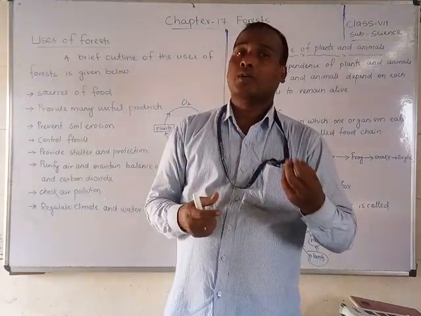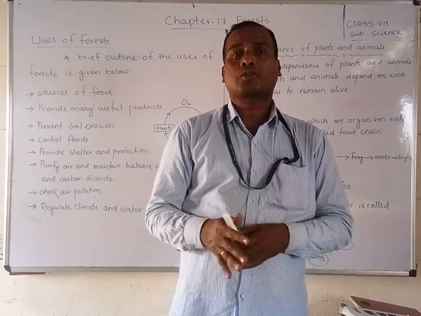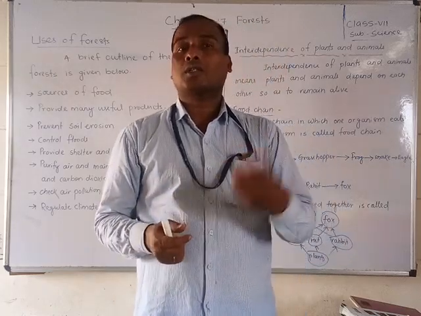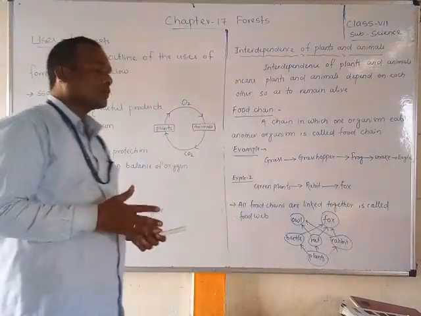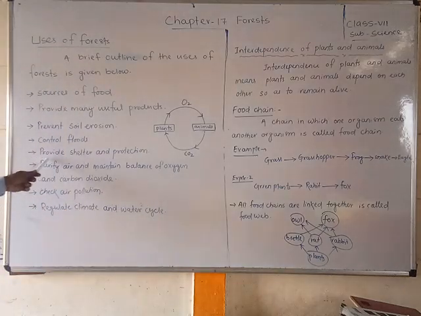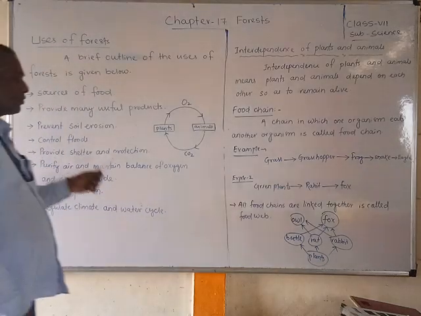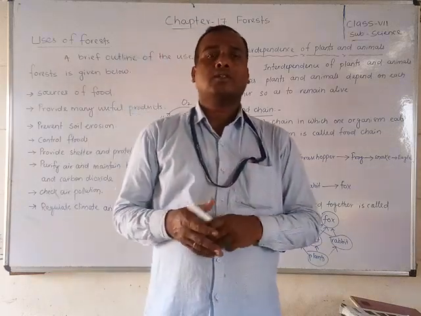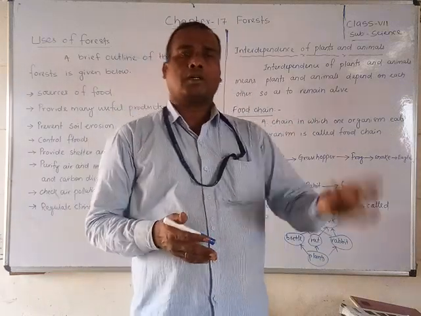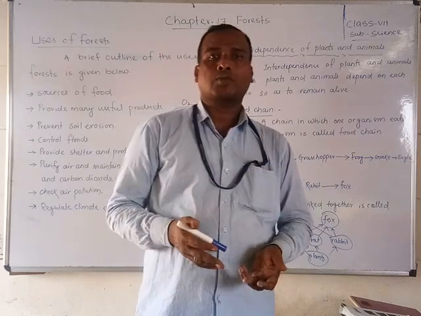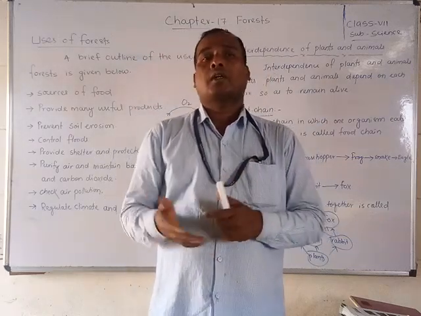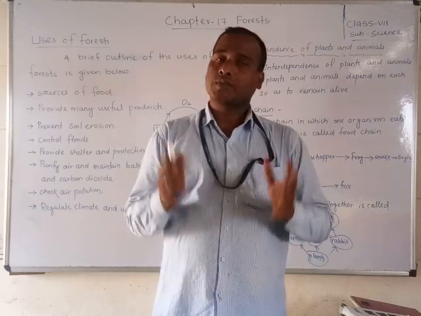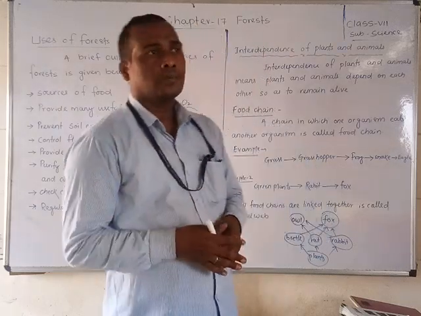That's why floods reduce. That means the plants control the flood. Next, provide shelter and protection. Students, so many animals like elephants, lions, deer, and monkeys live in the forest only, because it is their habitat.